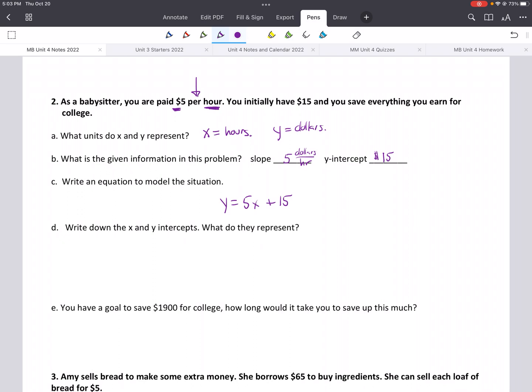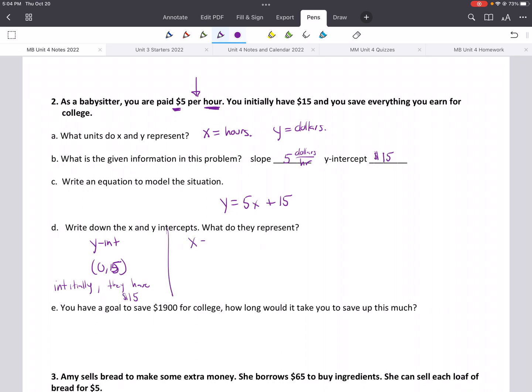So the y-intercept is the easy one, which would be 0, 15. Okay, that's saying that initially, or when time is 0, she or he, I guess they, have $15. So that's what the y-intercept represents.